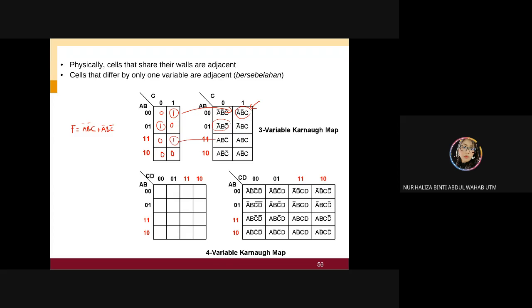And another one, refer to here. I'm going to get A, B, C. This is my SOP for one output, and this is the simplification version. I cannot simplify anymore. Later you will see why the doctor said we cannot simplify.